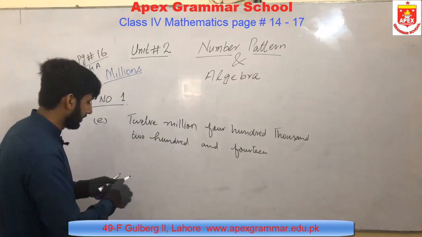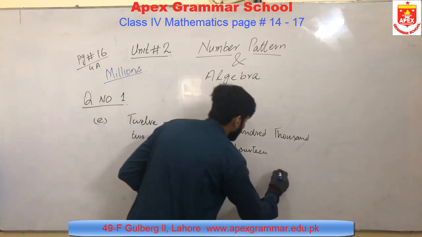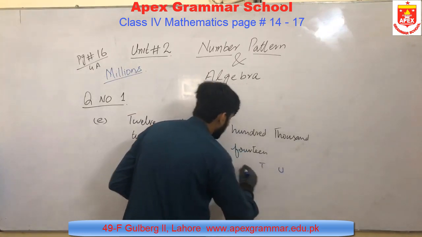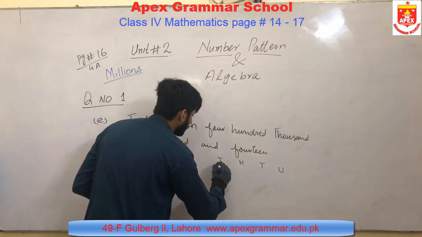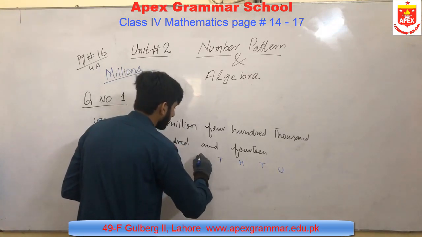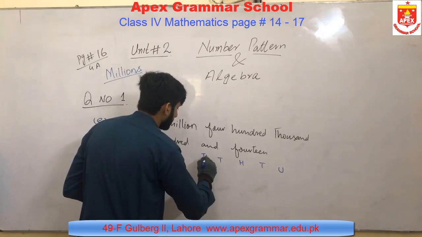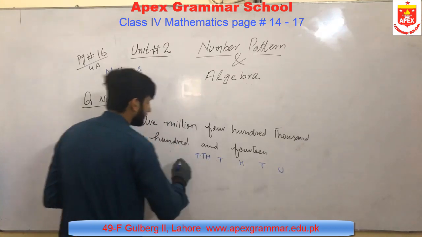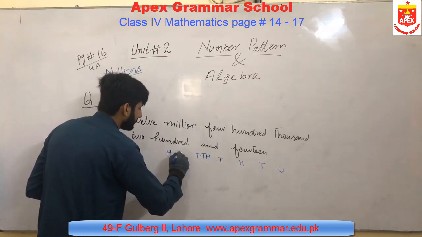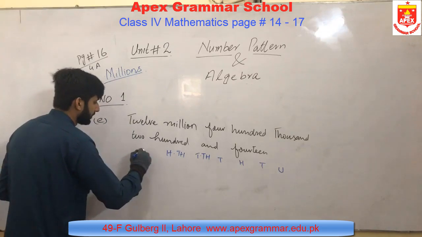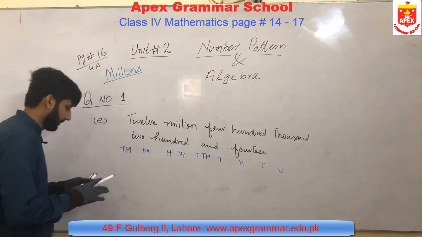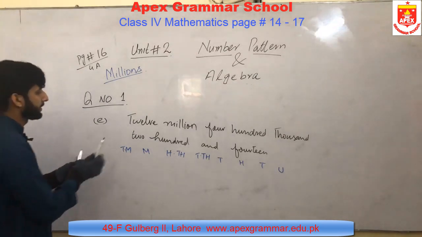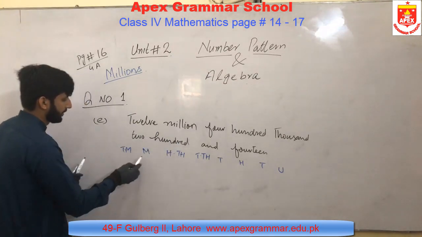First of all, again by writing positions: unit, 10, 100 for ones, then 1000, 10,000, 100,000, million and 10 million. The number is 12 million.